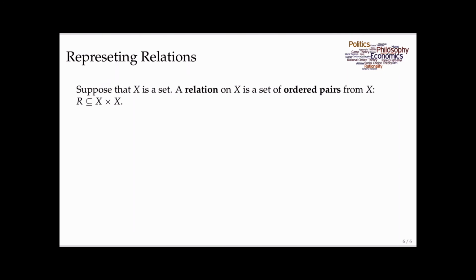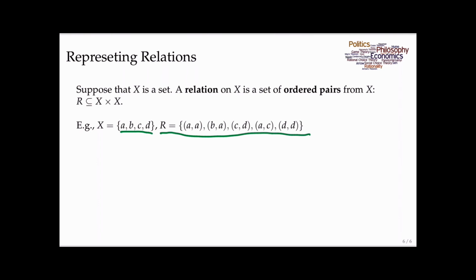So just to end with some notation or some ways of talking about relations. A relation, remember, a relation on X is just going to be some subset of X cross X. So for example, if X is equal to {A, B, C, D}, then we might have a relation that looks like this. It relates A with A, B points to A, C with D, A with C, and D with itself.